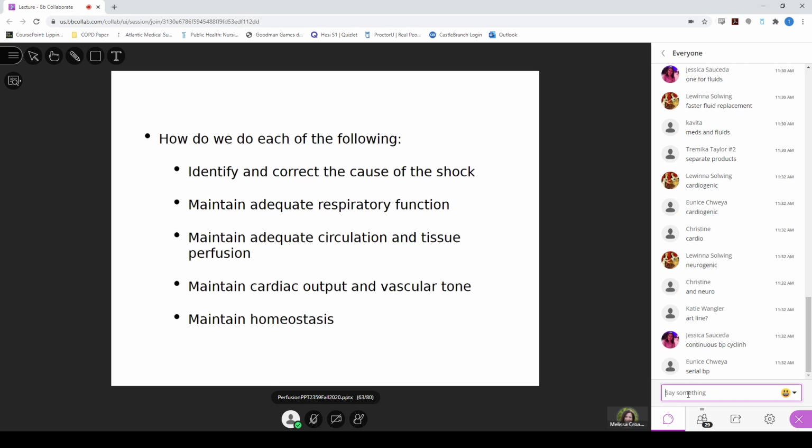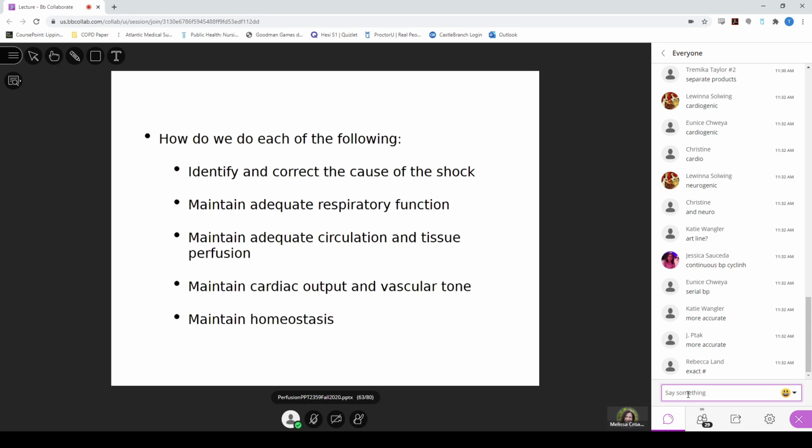Yes. Why is the art line better than a cuff? More accurate. That's right. Your art line is pretty much the pressure that's going on at that very moment. The cuff has a lot of variables to it. Y'all know this from just first semester and probably being in some clinicals now.